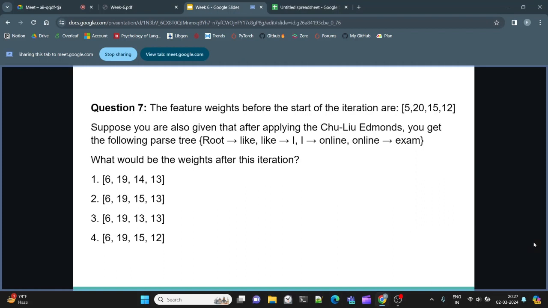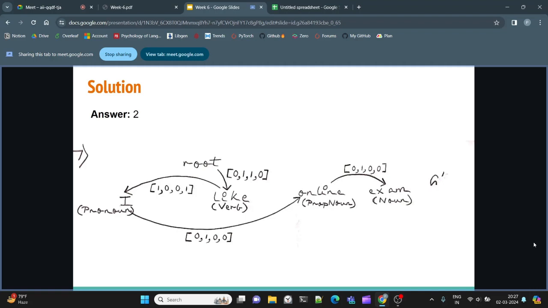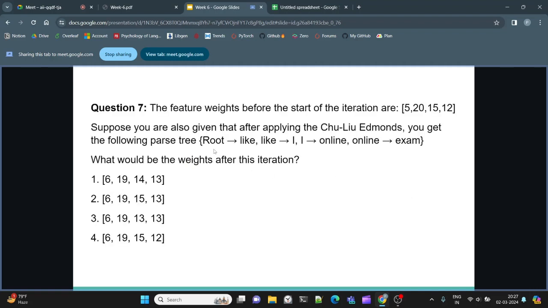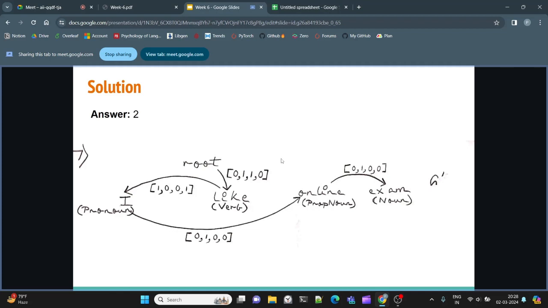First, one thing that is given to us is, after applying the algorithm, the path that we obtain. There would be an arc from root to like, like to I, like to online, and online to exam. Those are the arcs that I have drawn over here.